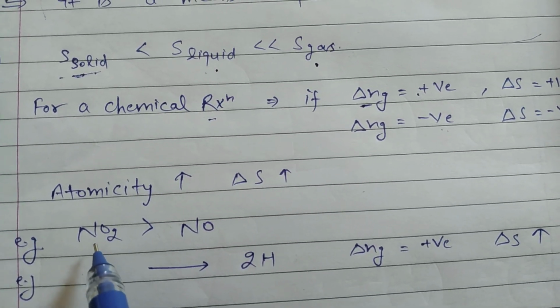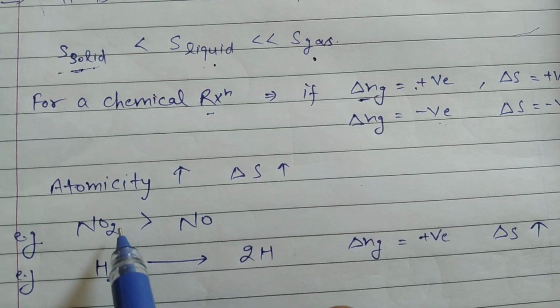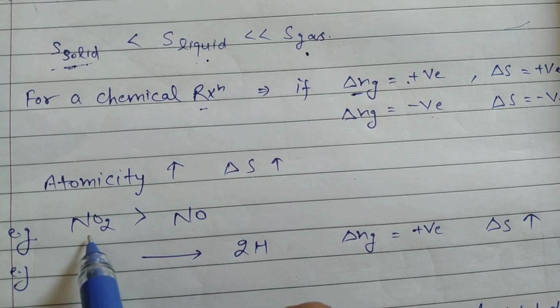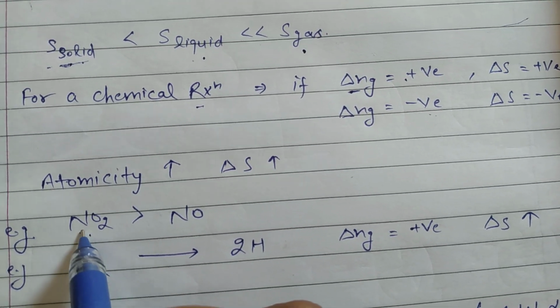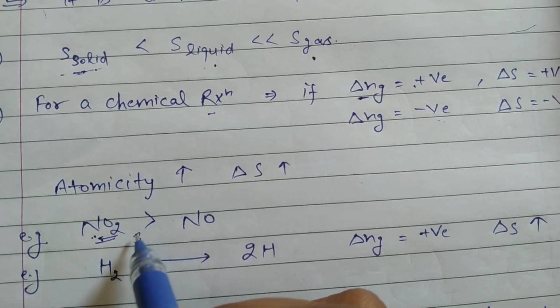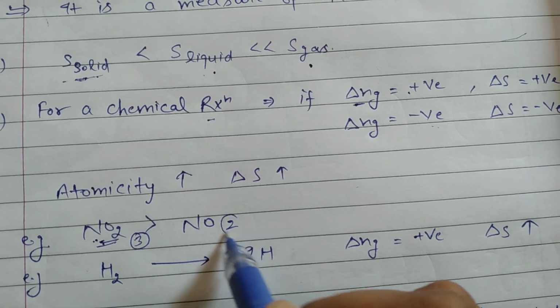See here, if we have to compare the entropy for these two substances, NO2 and NO, here atomicity is 3 and here atomicity is 2.